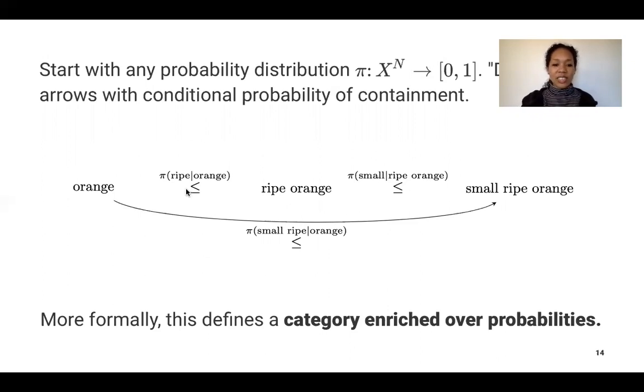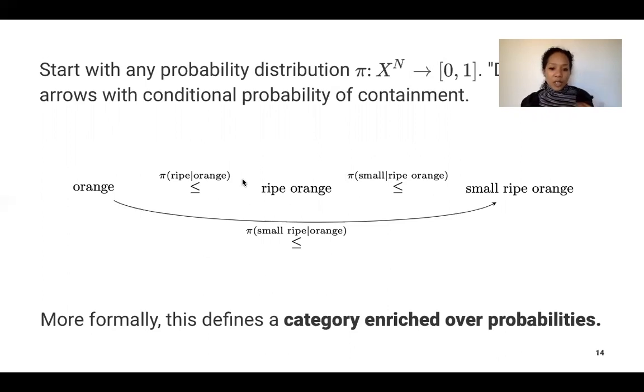So in this case, it turns out that because I have a joint probability distribution on a set of sequences, the conditional probability for small ripe orange given orange, for example, is precisely the product of these two intermediate probabilities.